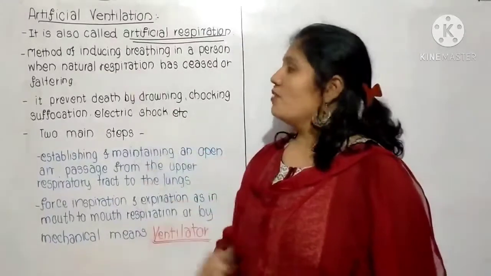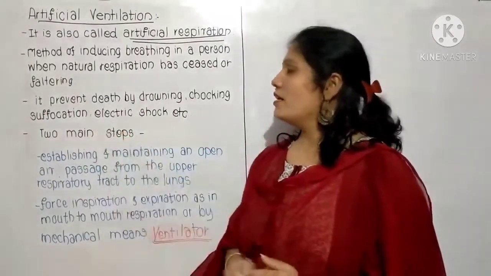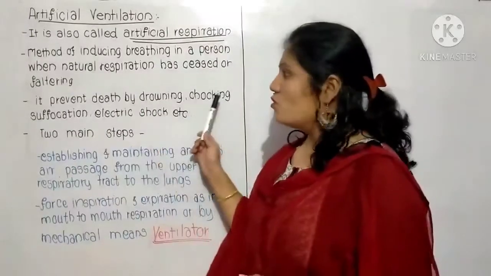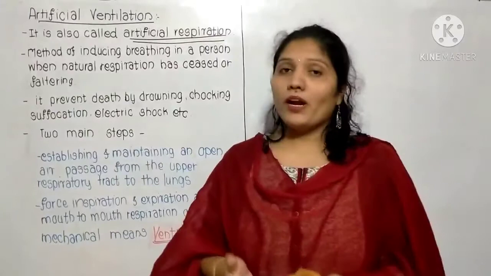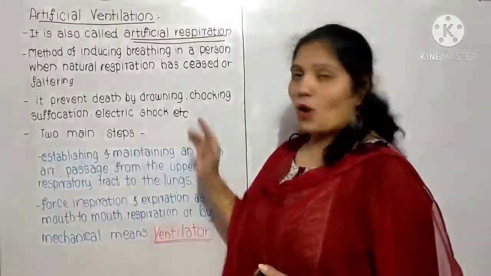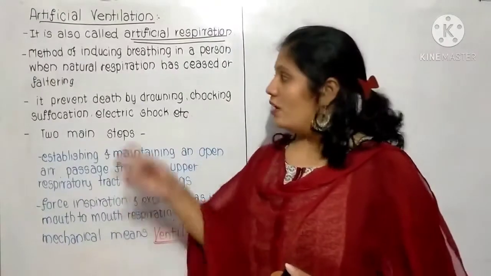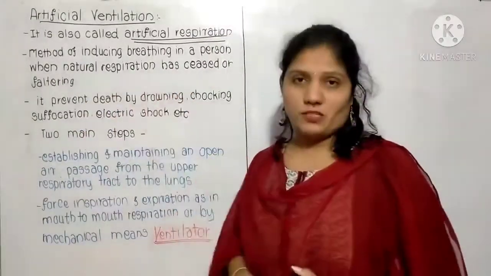This artificial ventilation is useful because it prevents death by drowning, choking, suffocation, electric shock, etc. But it should be provided quickly. If it is provided to that person in the proper and quick manner, it prevents the death of that person.